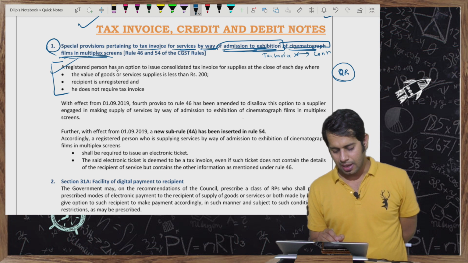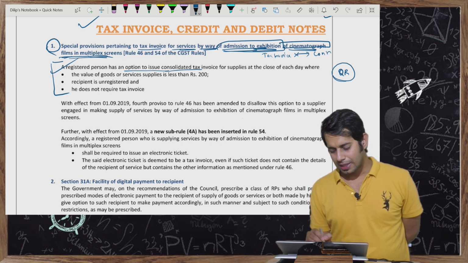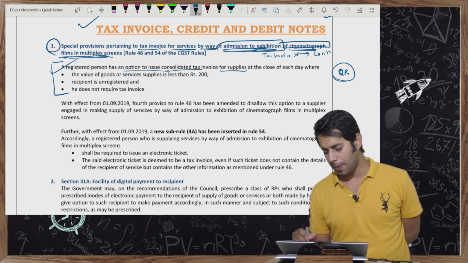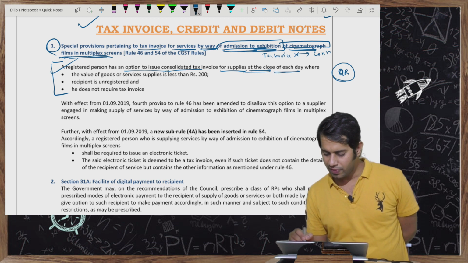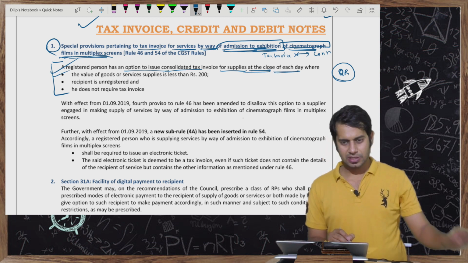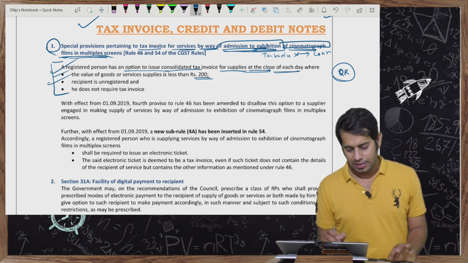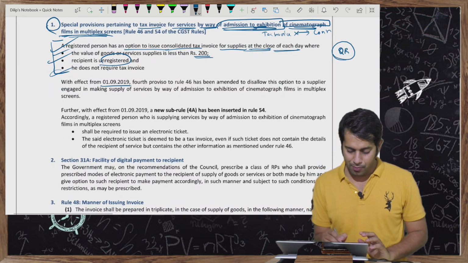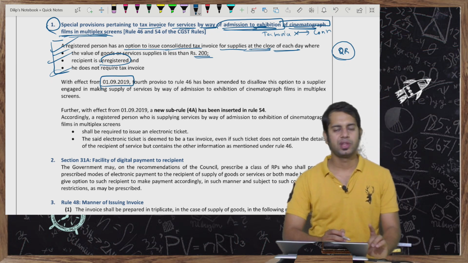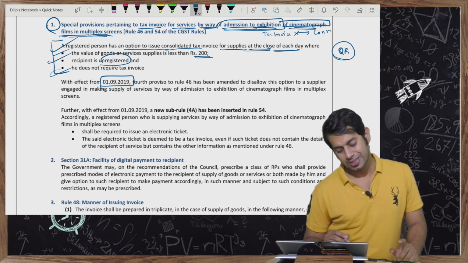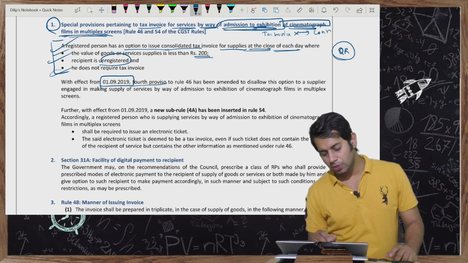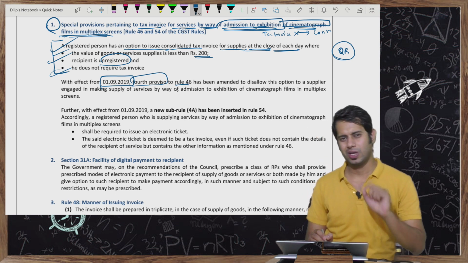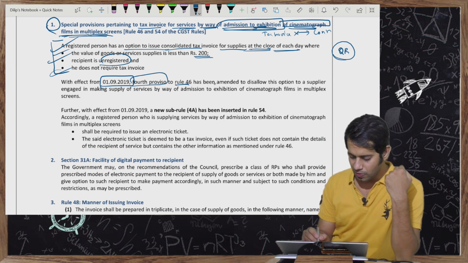A registered person has an option to issue a consolidated tax invoice for supplies at the close of every day where the value of supply is less than 200, the recipient is unregistered and he does not require any tax invoice. With effect from 1st of September 2019, a fourth proviso has been added in rule number 46. In rule number 46, they have added one more proviso.